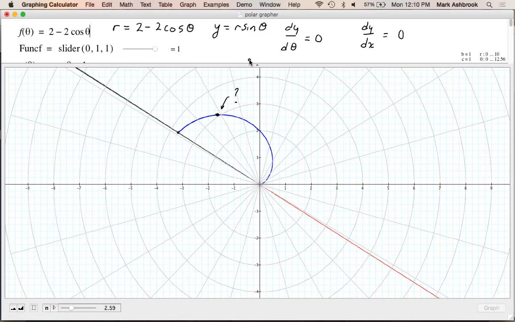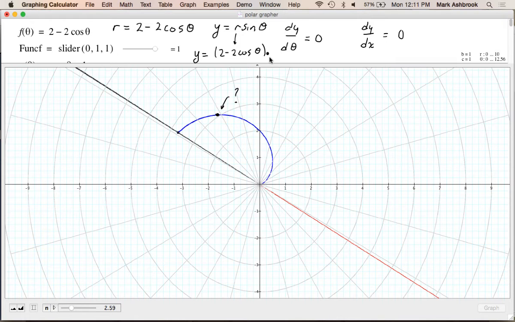If you're superimposing the polar plane on the xy plane, then y always equals r sine theta. So if we want to do dy d theta, all we need to know is what r is. What is r? It's 2 minus 2 cosine theta.